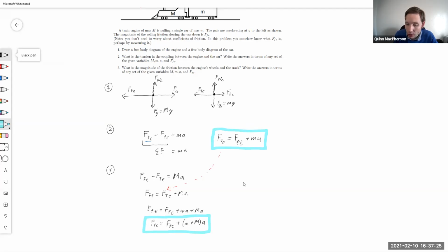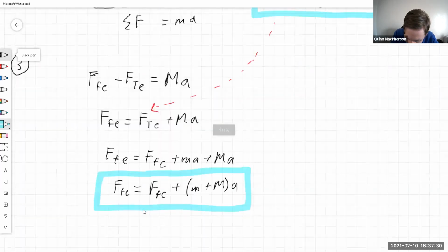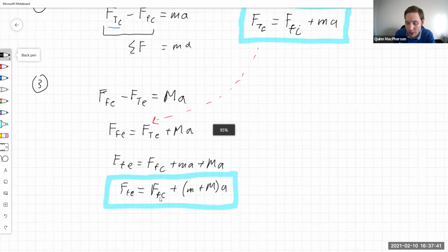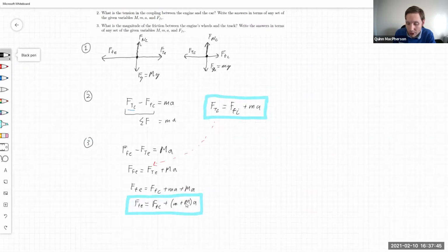Okay, so that is how you solve this problem. That is, force friction engine is force of the friction of the car plus the sum of the masses times a. Have a good time solving the other problems on this.